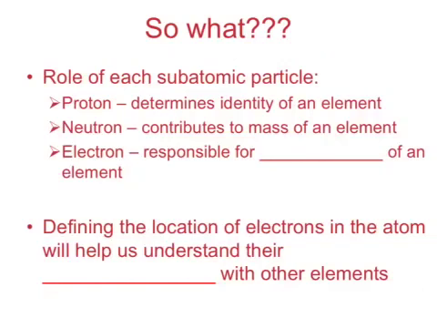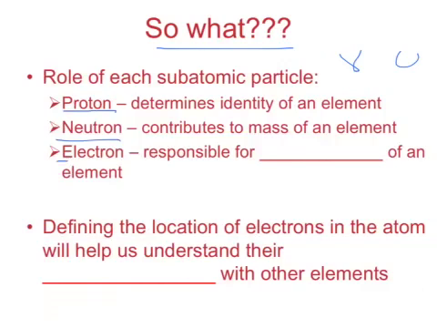So why does this even matter, right? Well, if you think about each of the subatomic particles, the proton determines the identity of an element. So if I am an atom with 8 protons, I am an oxygen atom, right? The neutron determines the mass of the element or contributes to it.